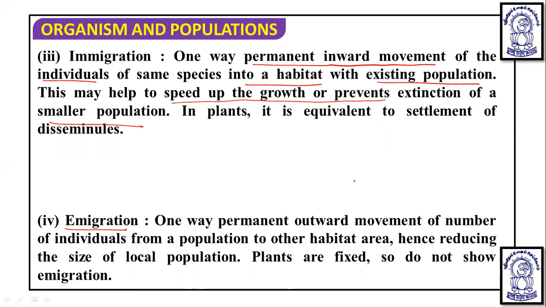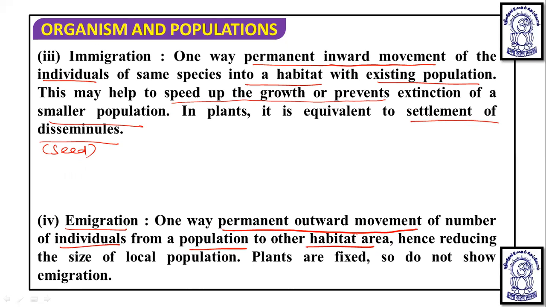In plants, it is equivalent to the settlement of a diaspore. Now, diaspore means what? Seed. So if the seed comes from another area, and that seed comes and grows in the particular area and forms a new plant, then it is immigration with respect to the plant. But emigration is a one-way permanent outward movement of individuals from a population to another habitat or area.